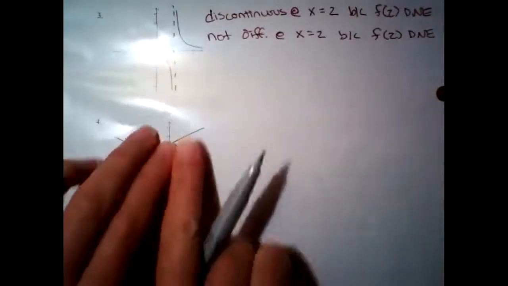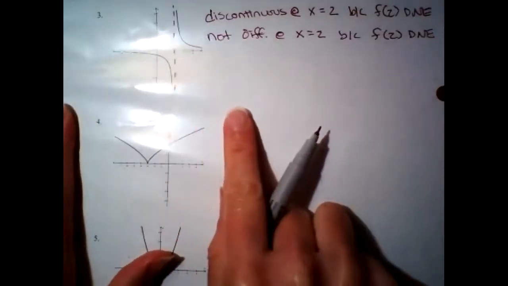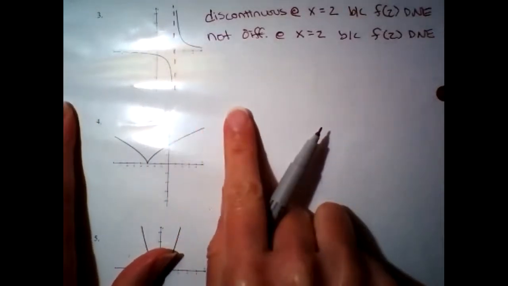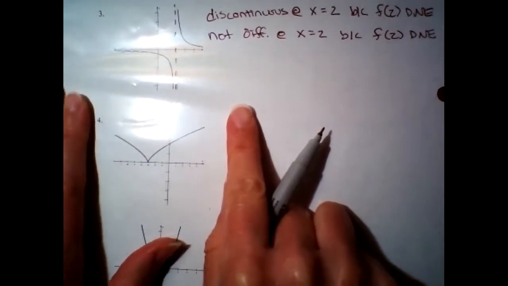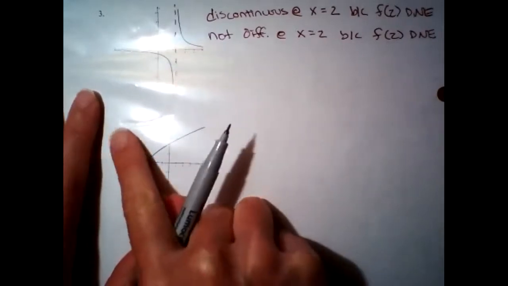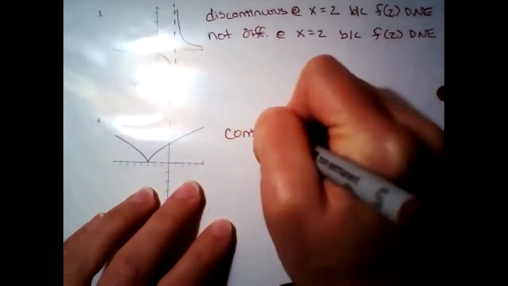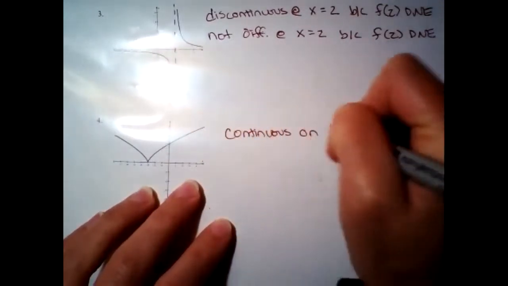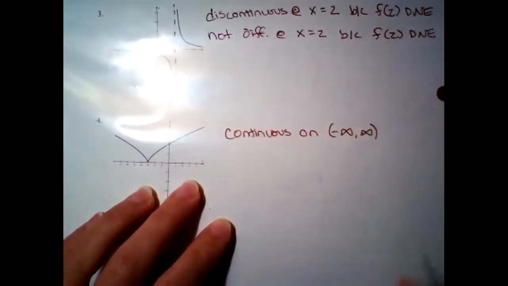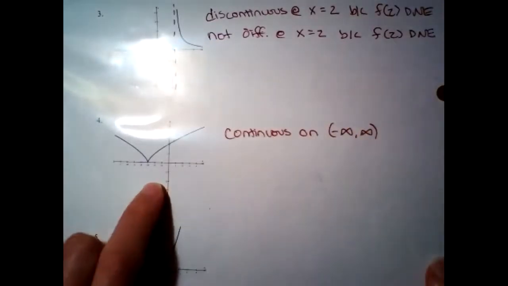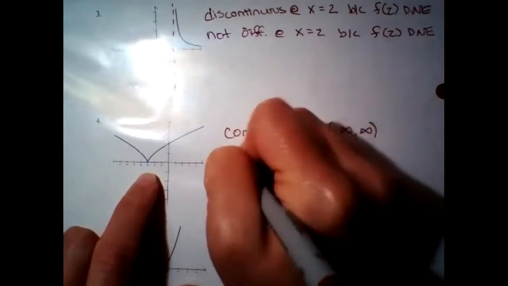All right, so for number 4, is this function continuous? Yes, good. We can trace it without lifting our pencil off the paper. So we are continuous on the entire number line. But we are not differentiable. We have a cusp there.